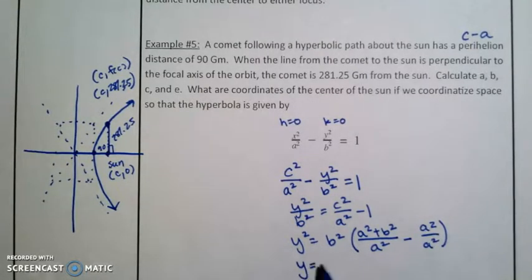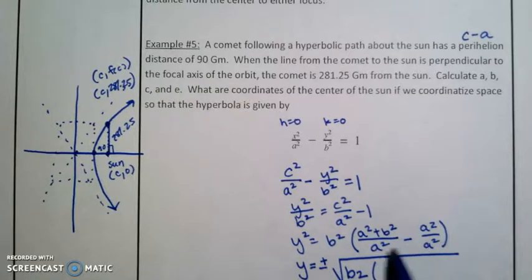So then y equals plus or minus the square root of b squared times, they have a common denominator, so a squared minus a squared is 0, b squared over a squared. So I have that y equals plus or minus, it should be a squared.